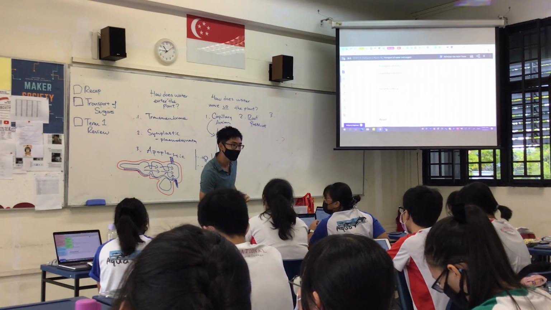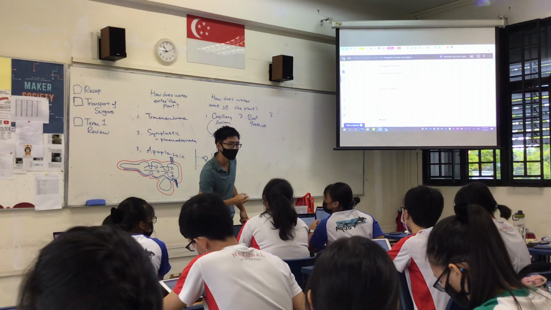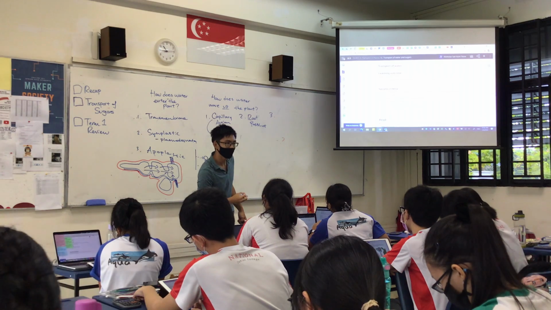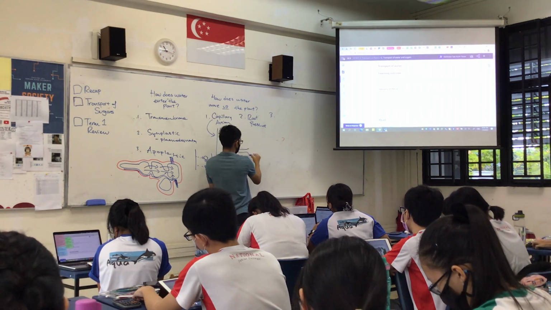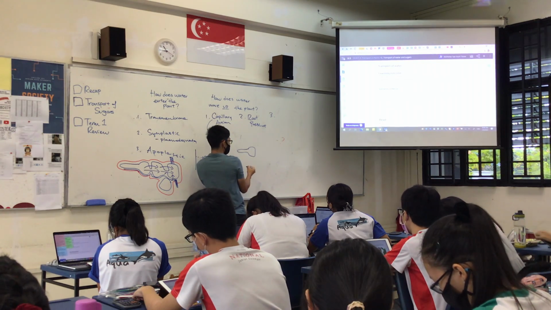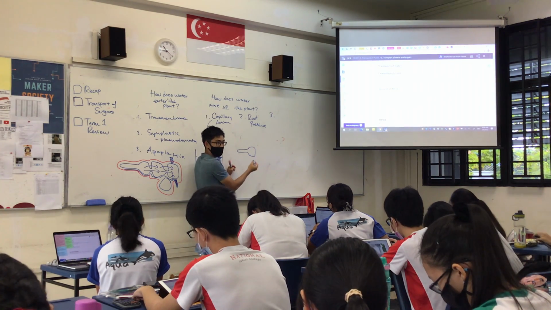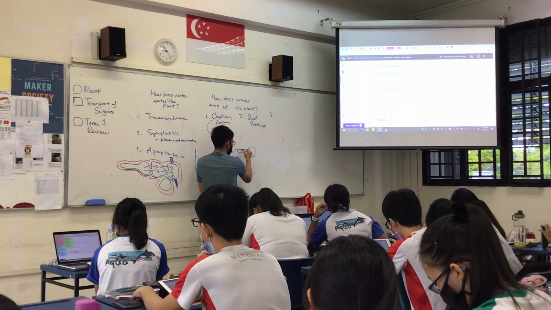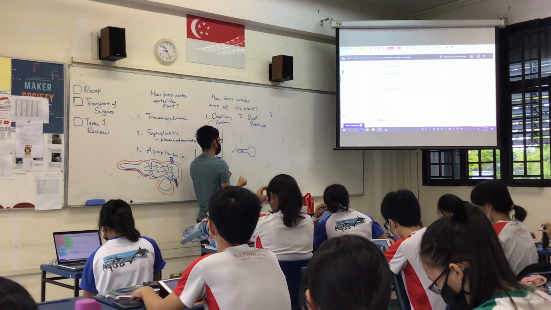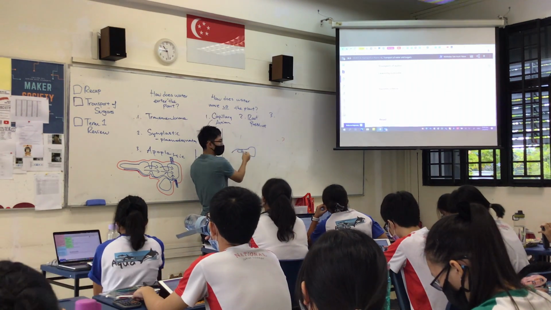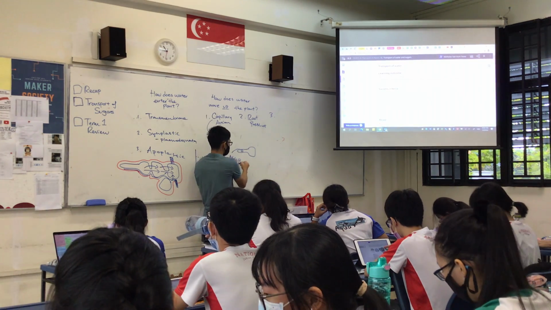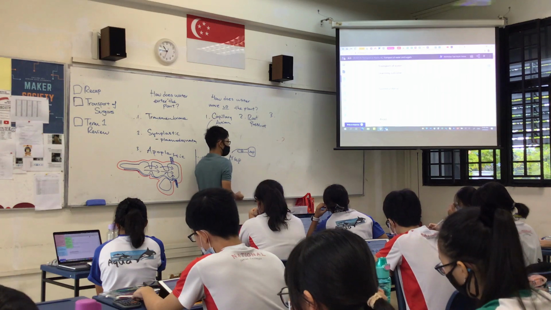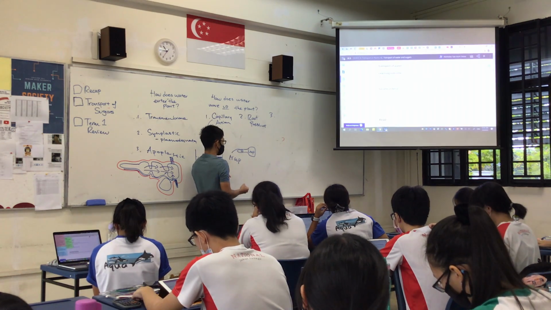If here's the root cell, you're saying that the water potential is different, then water will enter the root. So what will be the water potential outside the root? So we're working with high water potential outside, low water potential inside. That's one way to look at it.